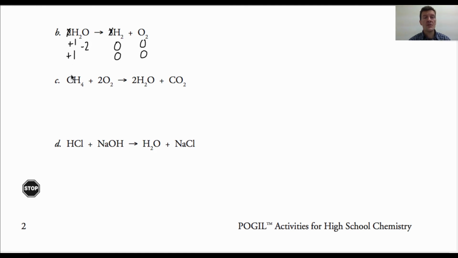Okay? So, change? Definitely. Hydrogen went from +1 down to 0, there's your reduction, and oxygen is going from -2 up to 0, there's your oxidation. So hydrogen is gaining electrons, oxygen is losing electrons, and that's why you've got the change in oxidation numbers.